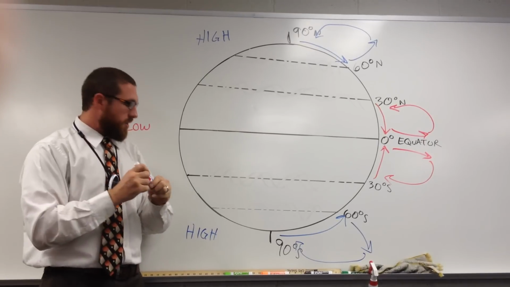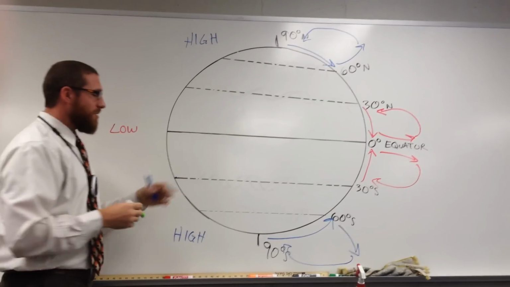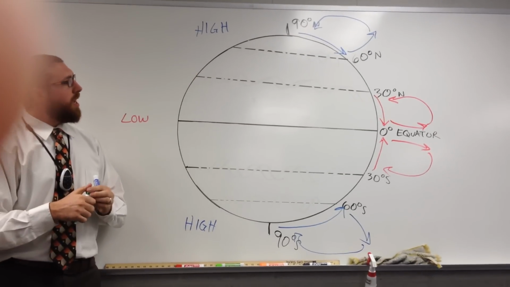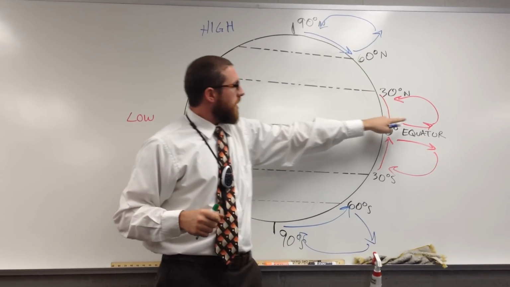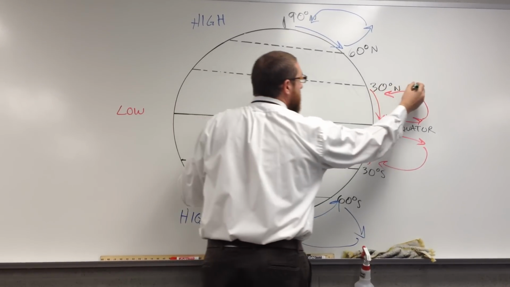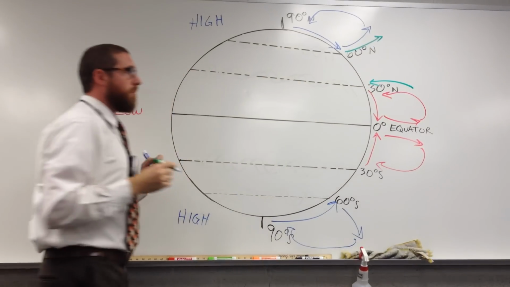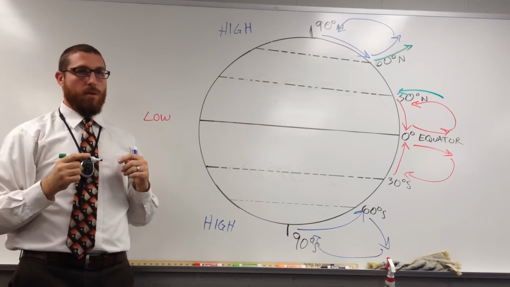Okay, now, something interesting happens, except for the really poorly drawn lines, right? Something interesting happens in between here. See this air being pulled off the Earth here, and this air being pulled towards the Earth here? That pulls air with it, towards the Earth here, and away from the Earth here. Yes, sir?